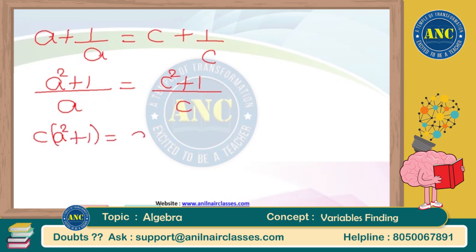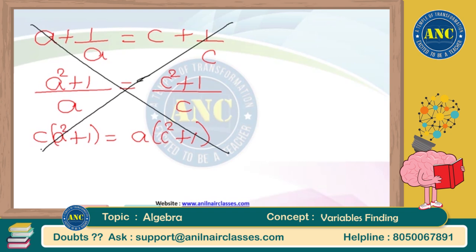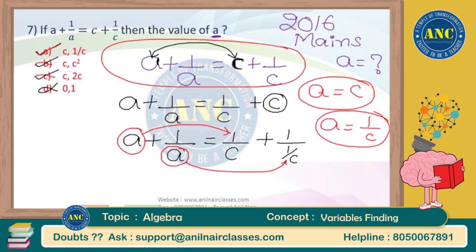Cross multiply, it is A into C square plus 1. Don't complicate your problem solving by taking LCM and creating a quadratic equation. If you are a student of Anil Nair classes, definitely you will not use this method and waste your time. Rather, you will use a smarter way of solving and get the answer in a much easier way. I hope the idea is very clear for you, sir.